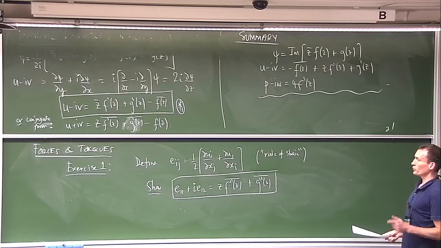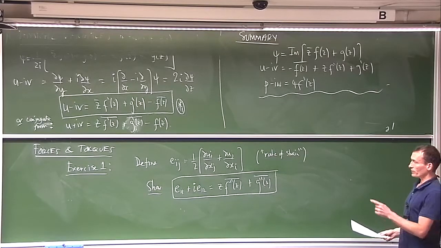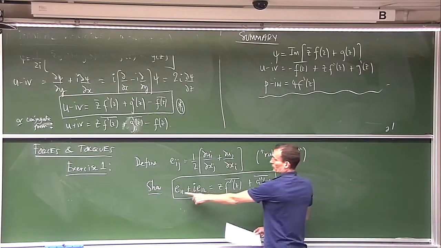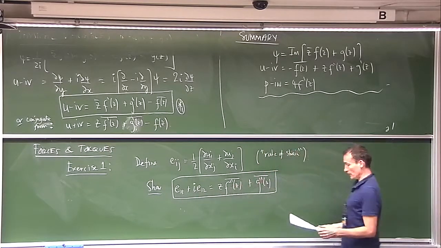Try that for yourself. You should be able to do that now. It's just the first diagonal and off-diagonal elements with an i added is this particular combination.